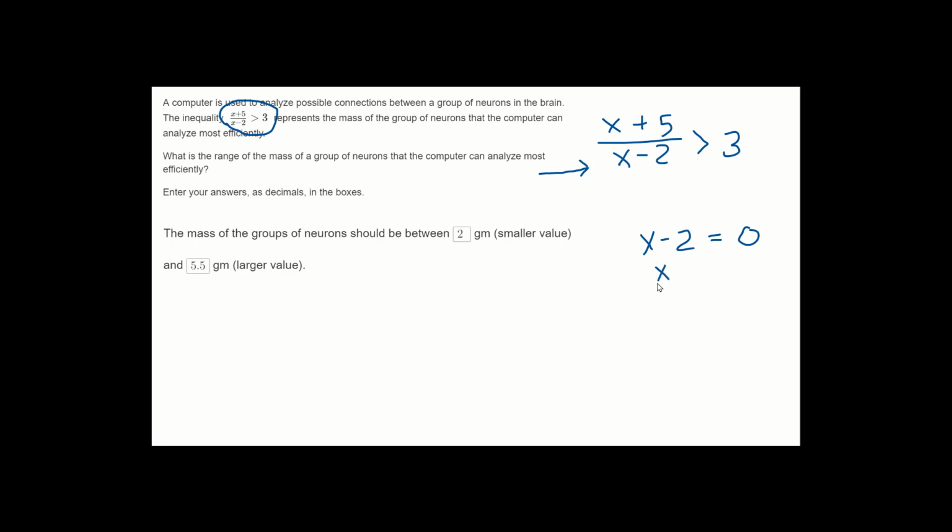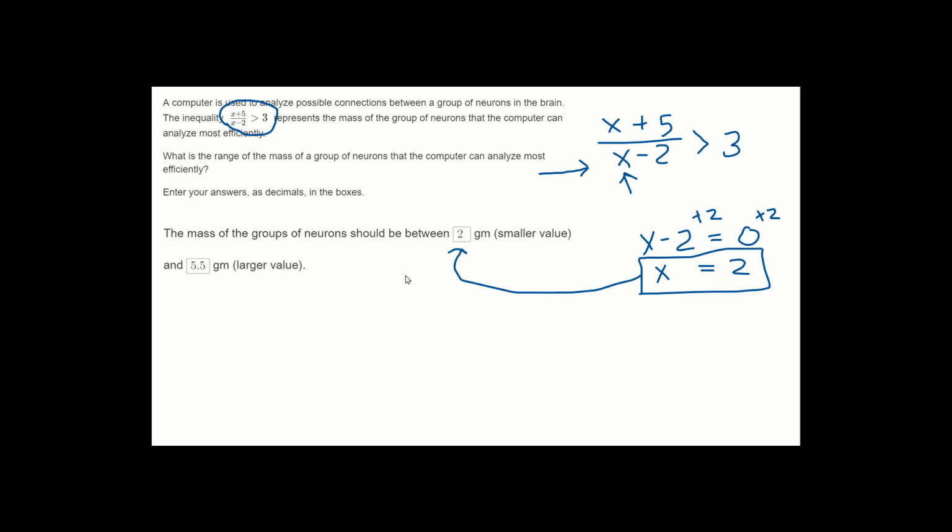If we solve that, we're going to add 2 to both sides. You just did it in your head because you had enough practice with these types of equations, I believe, to just do it in your head. So when x is equal to 2 and you plug it in here, 2 minus 2 is 0. So that's going to be one of the areas where the solution is not going to work. Okay, so that's what goes here.